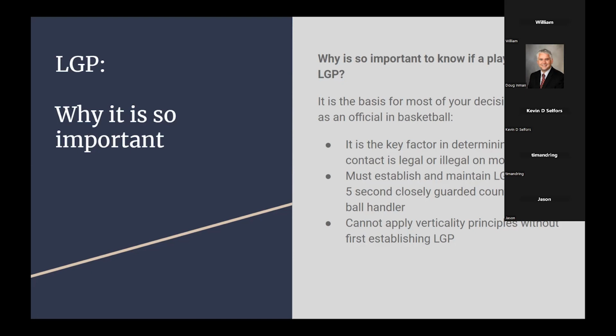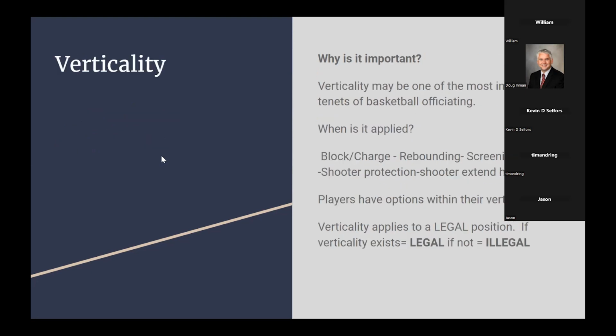So I think one thing too, Eric, if I might interject here, that makes it easier to define in the open court, whether it's a press, whether it's a drive to the hoop, is when that person's legal and then when they're not.